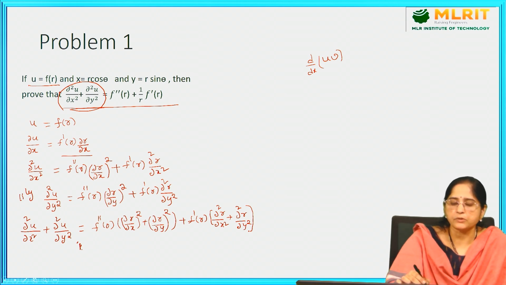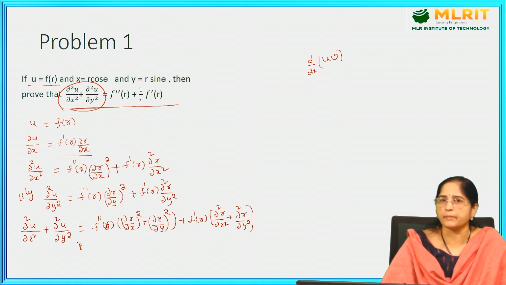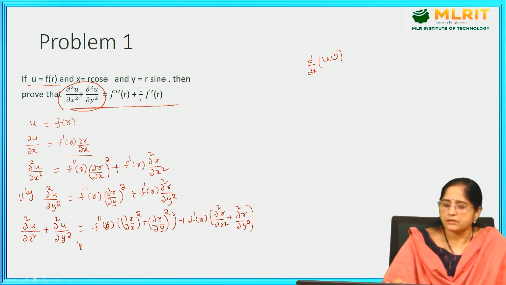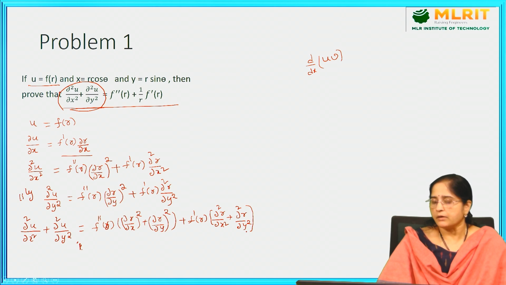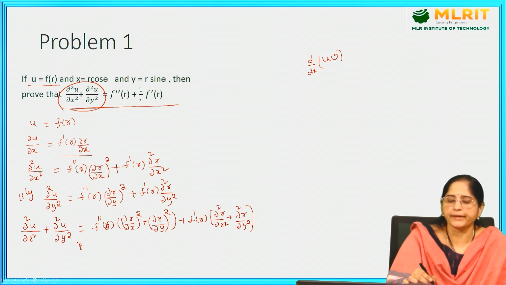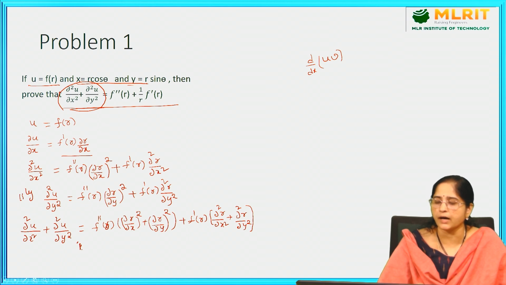But we have to prove this, f double dash of r into dou r by dou x whole square plus dou r by dou y whole square. So we have to find dou r by dou x whole square, dou r by dou y whole square, dou square r by dou x square and dou square r by dou y square. For calculating these, we have to use these values: x equal to r cos theta and y equal to r sin theta.